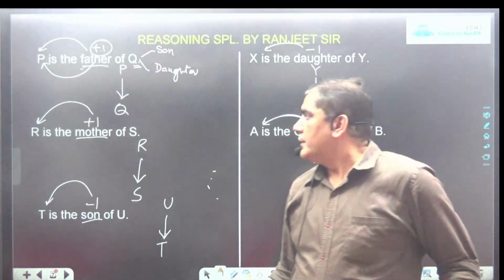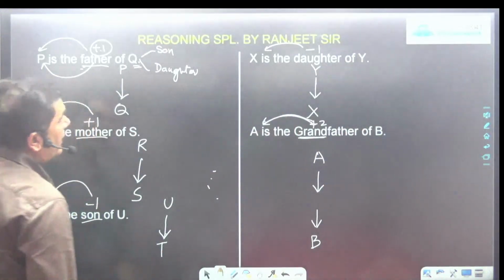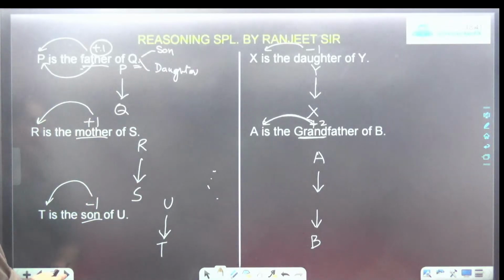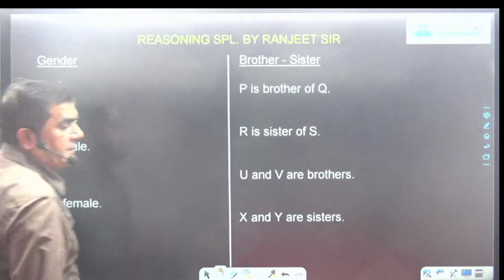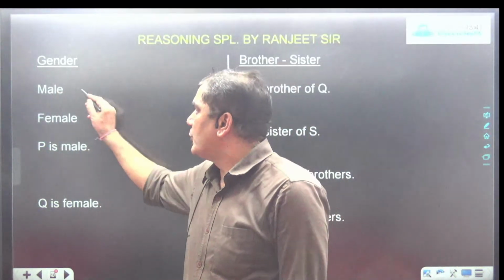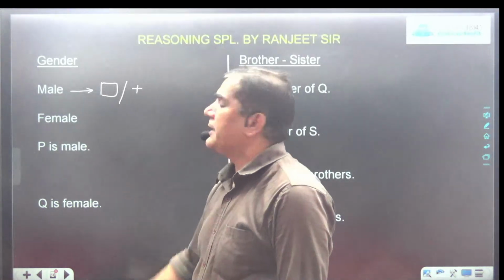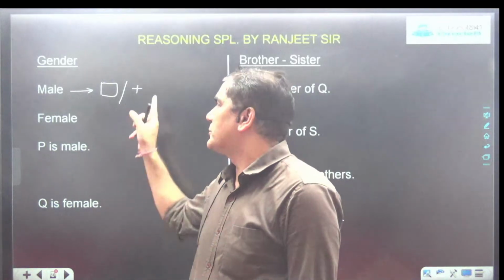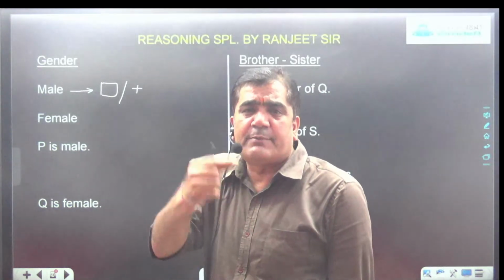Okay. Now, how to denote male and female in my family tree? Always remember, whenever they talk about any male person in the family, I am going to use the symbol square. If you require, you can use plus minus also, but I don't use plus minus because I think there is a possibility of making a mistake in seeing plus minus.